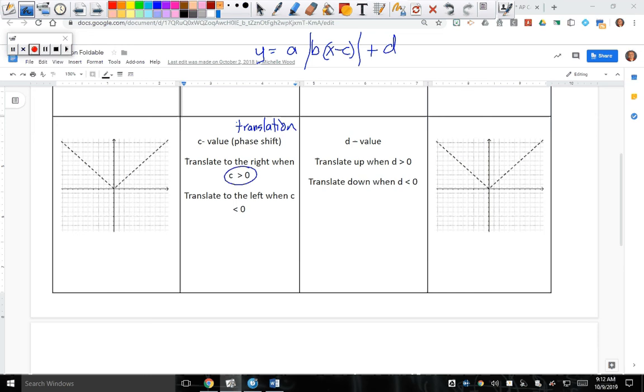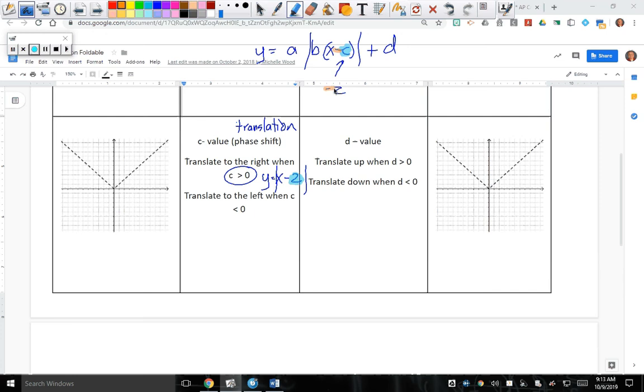Okay? So if C is positive, I know this looks confusing. But right now, because of my original default function, C is a positive 2. Because if C was negative and I put this like a negative 2, what would this negative make this into?